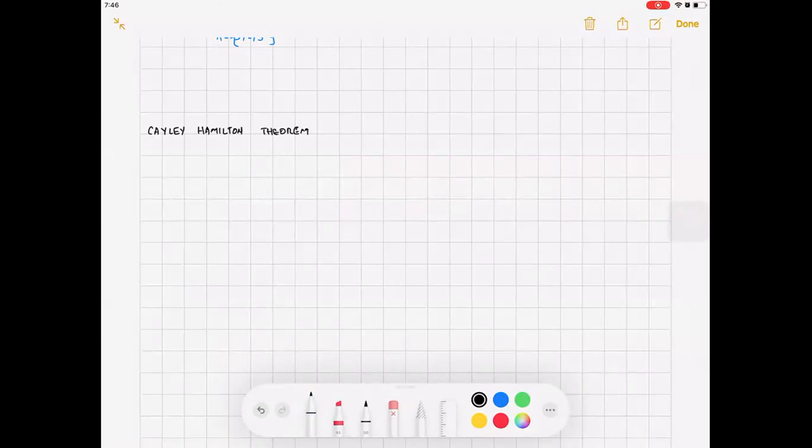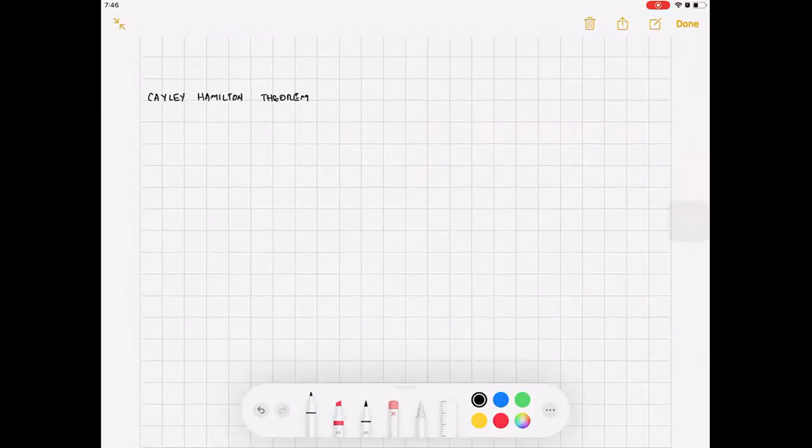The Cayley-Hamilton theorem says that every square matrix satisfies its own characteristic equation. Say A is a square matrix like this: 1, 2, 2, -1. How do we write the characteristic equation of the square matrix?